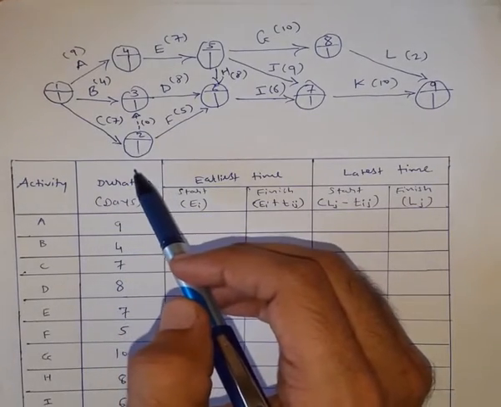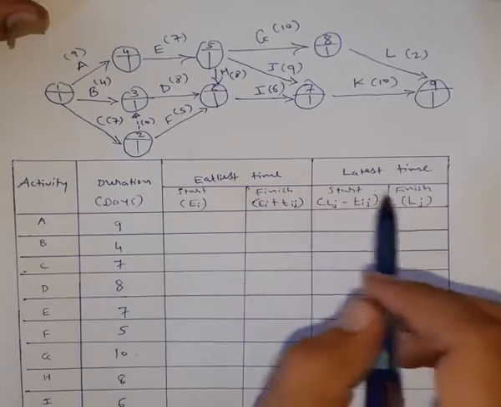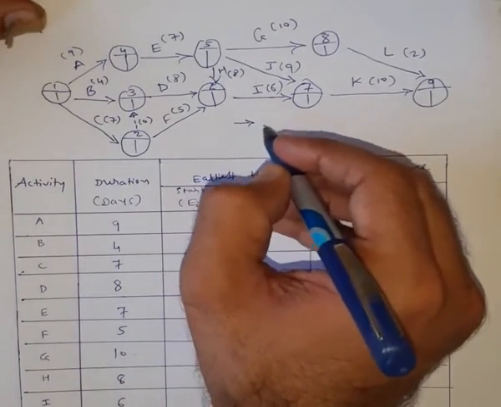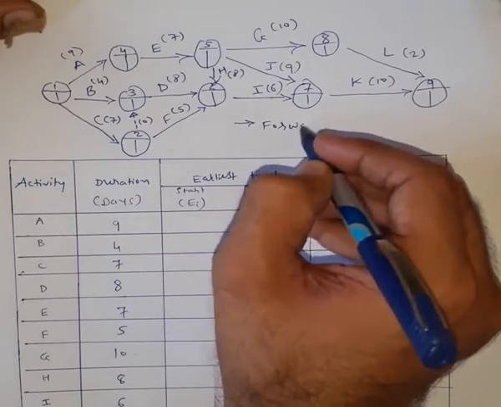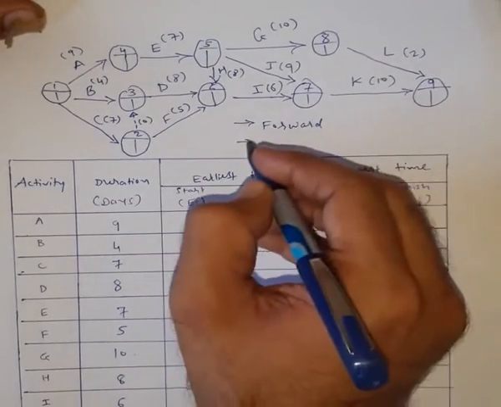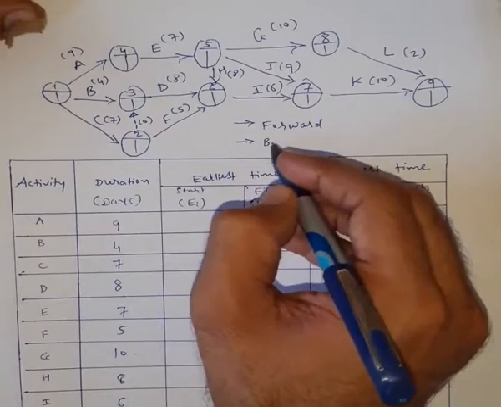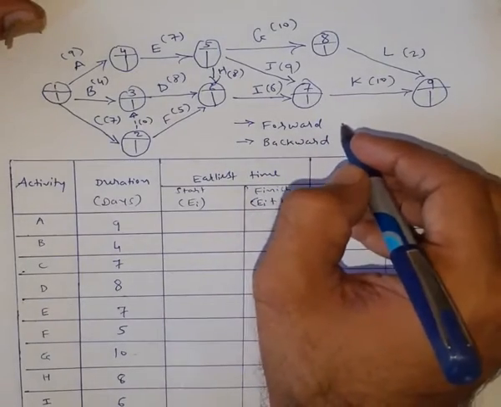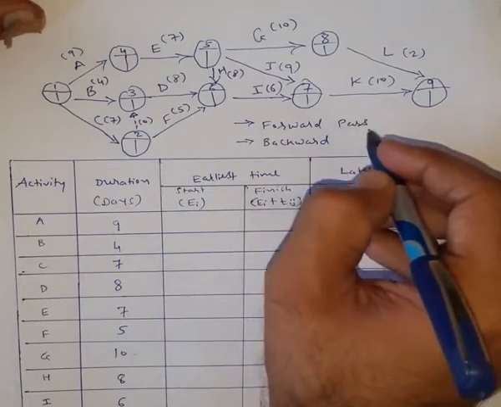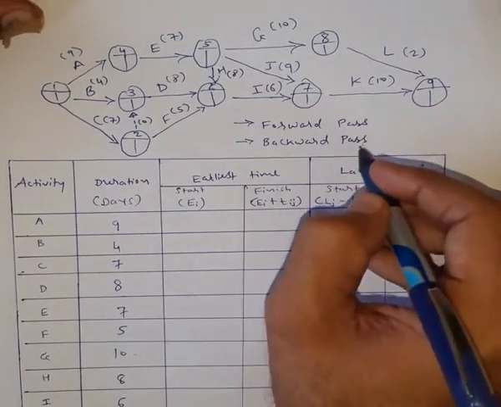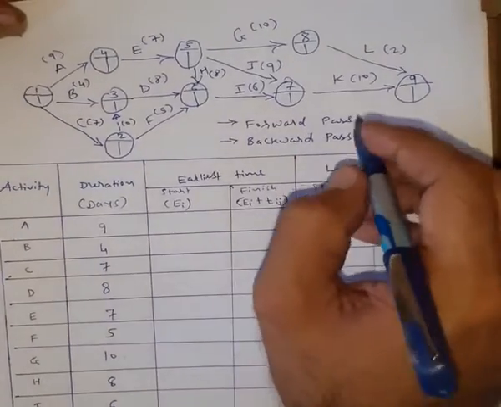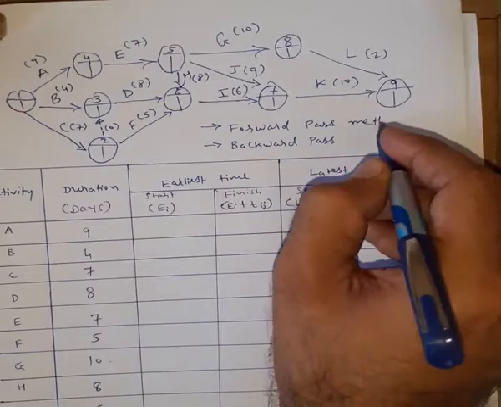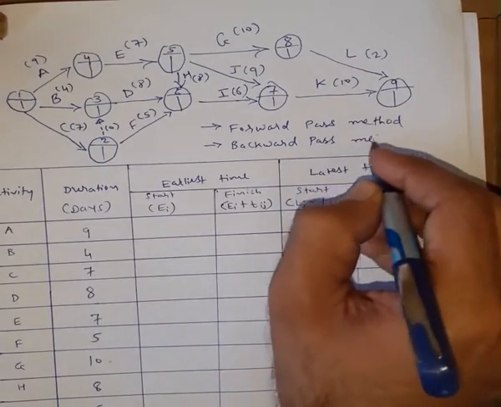So now we will find earliest time and latest time. For that there are two methods, forward pass and backward pass. These two methods will be used to find them. Forward pass method and backward pass method.